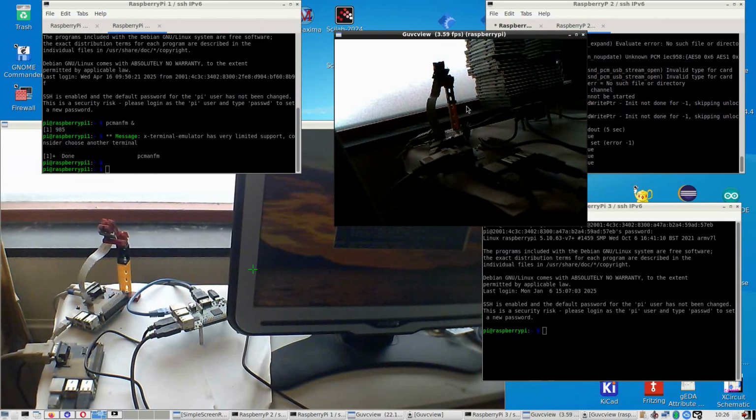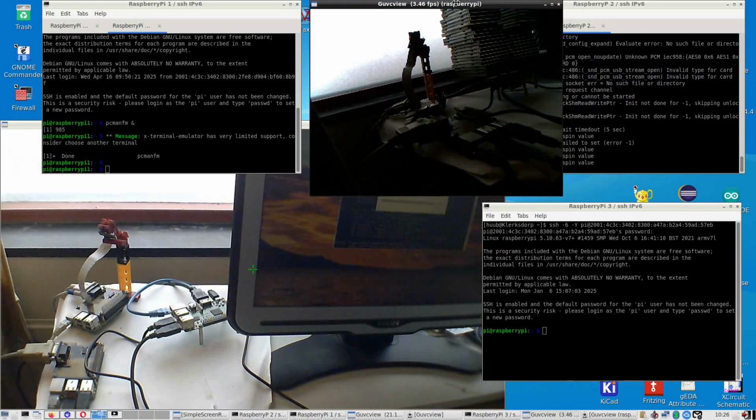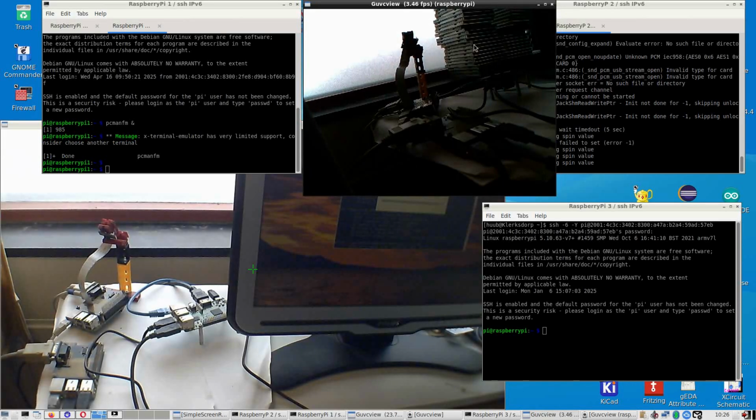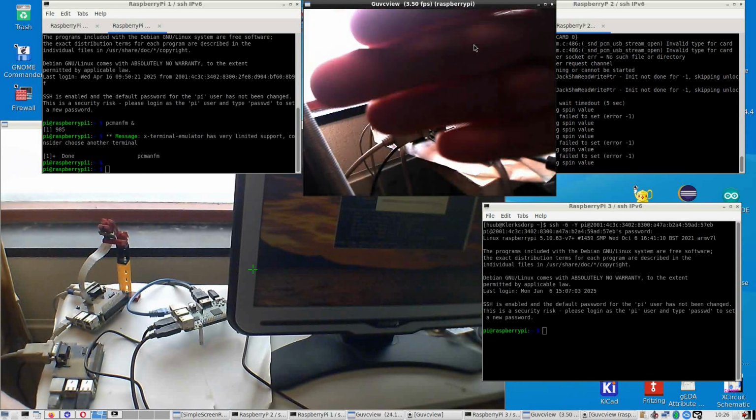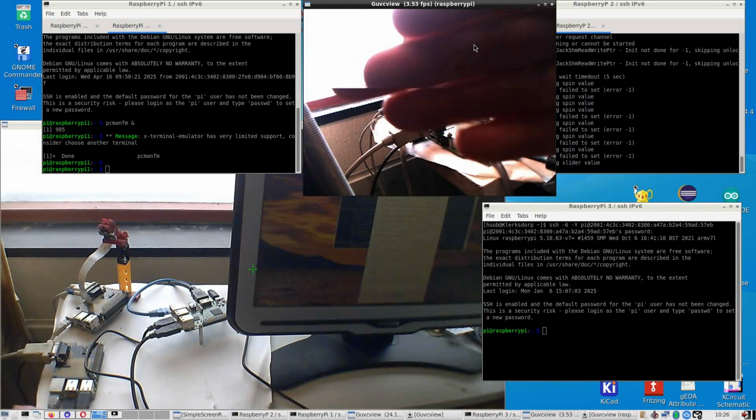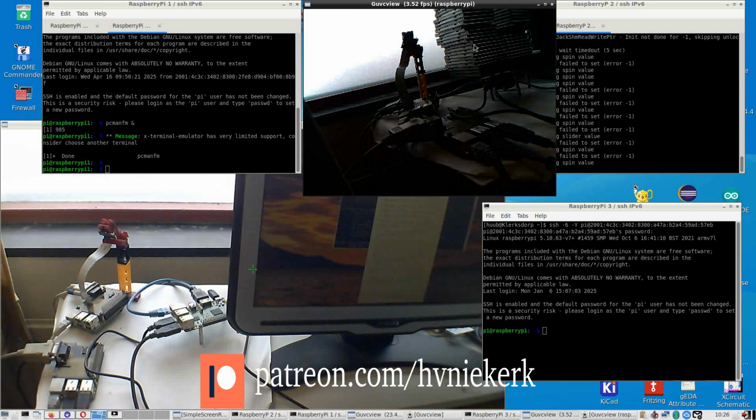It's dark, very dark indeed, while there is light shining, but it does work. So via SSH, it certainly does work. Now, how accurate is it? I'm now holding my hand in front of it. Okay. So, kind of working.